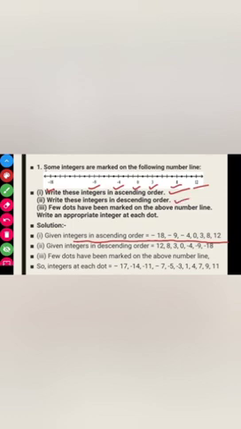Now in the third part, it is asked: a few dots have been marked on the above line. A dot is given here, and here, and here, and here also. Write the appropriate integer at each dot.